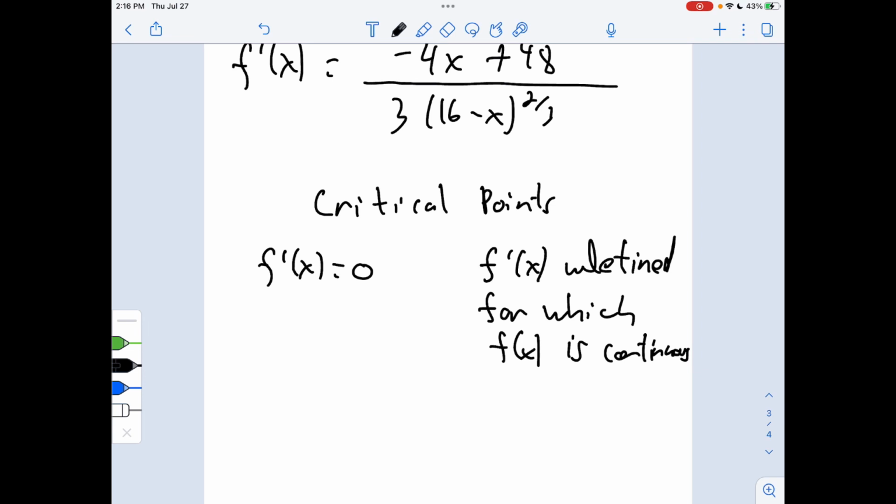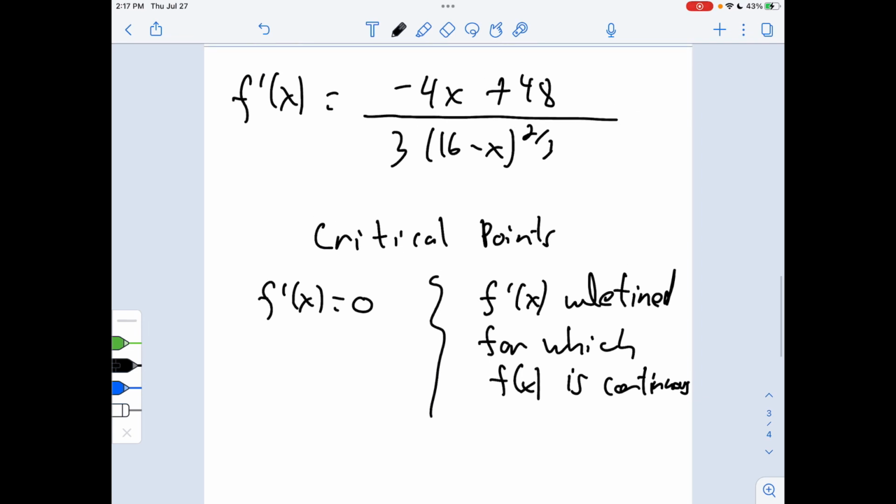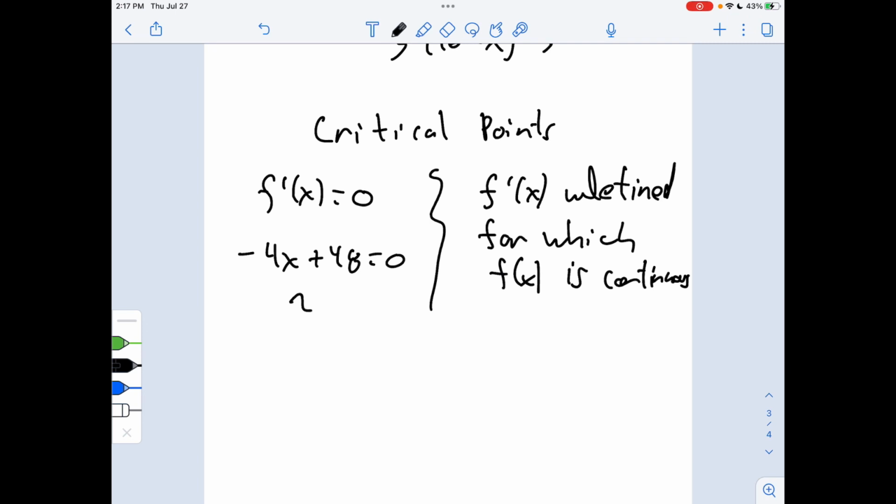For our case, for the first type of critical point, we have a fraction for our function. It's one function over another, not a rational function though, because it's not one polynomial over another. But when you have a fraction equal to 0, this equals 0 if the numerator equals 0. So if you solve that, you will get 12.